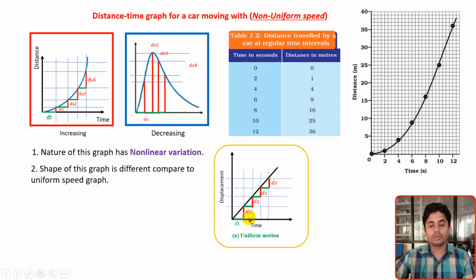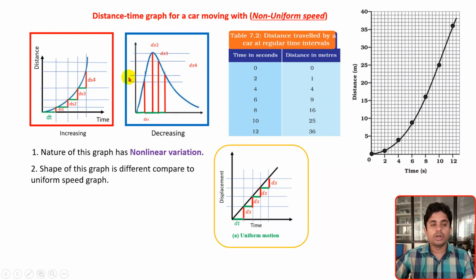Obviously. For the uniform speed graph, as I have discussed, if you calculate the change in displacement ds for every time interval 1, 2, 3, 4, the ds value is the same for all the intervals. For every interval, it is the same, right?